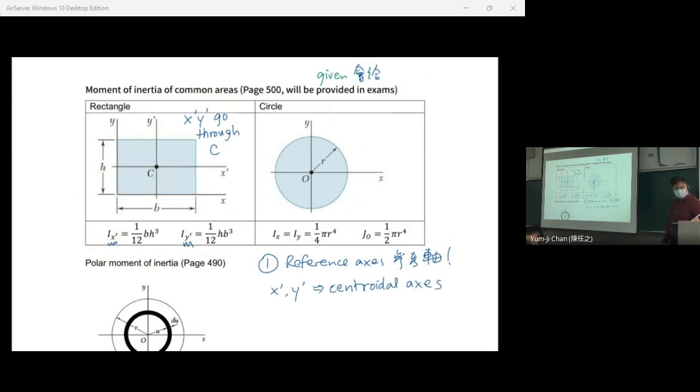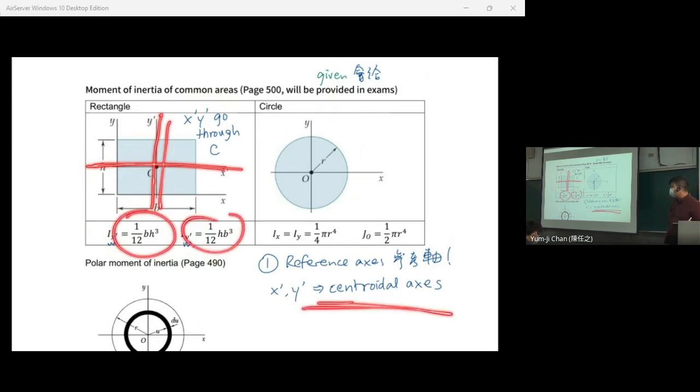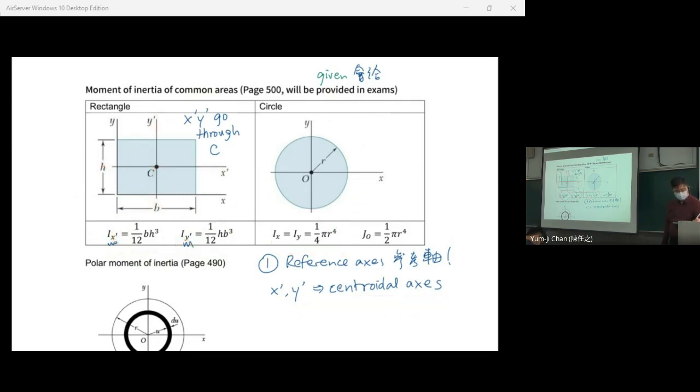So these values, b h cube over 12 and h b cube over 12, are for centroidal axes. Ix prime and Iy prime here are centroidal axes; they go through the centroid.